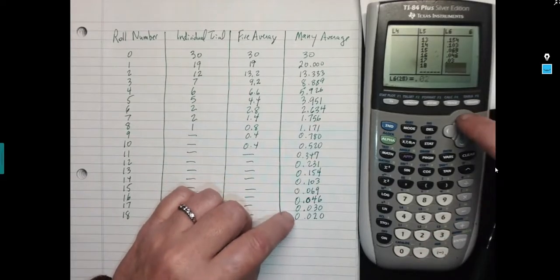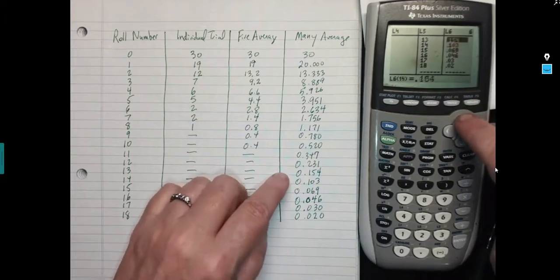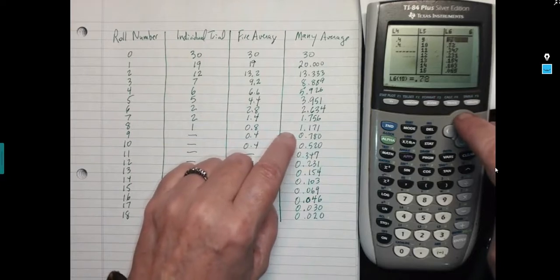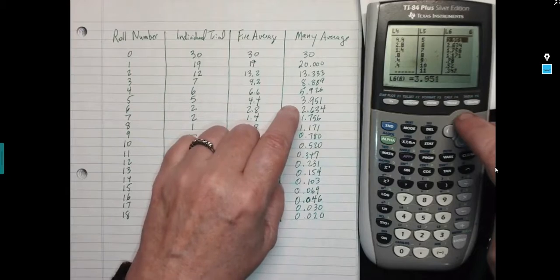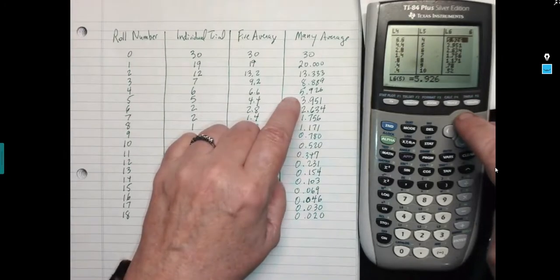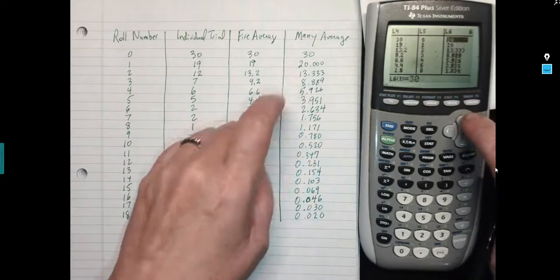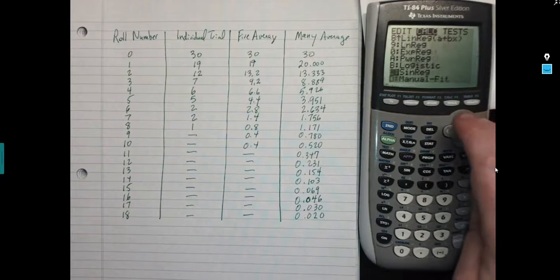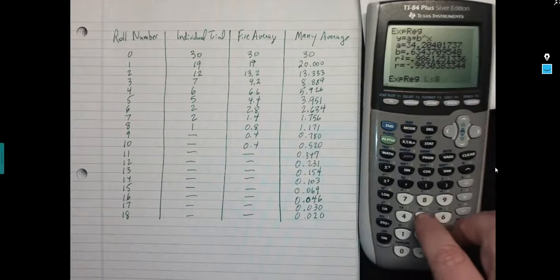Okay, and then we absolutely must make sure we check this. Okay, so go over to Calc, up here, and I need list 5 and 6.